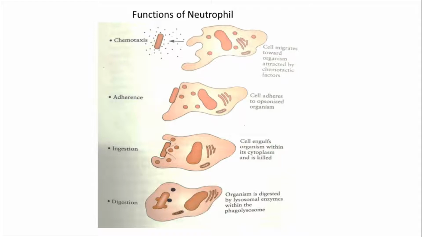Those granules contain enzymes, lysozymes, and other chemicals used for lysis and digestion of antigens and bacteria in the neutrophil cells. So finally, the phagocytosis process is classified into four: chemotaxis, adherence, ingestion, digestion.